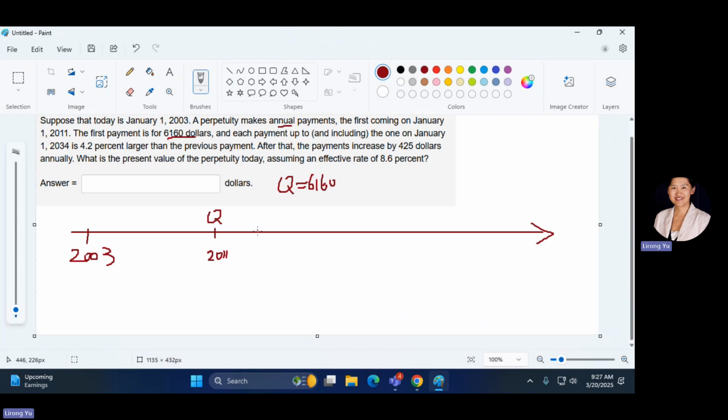Annual payment, so you're getting one payment here. In 2012, the payment becomes Q times 1 plus G.